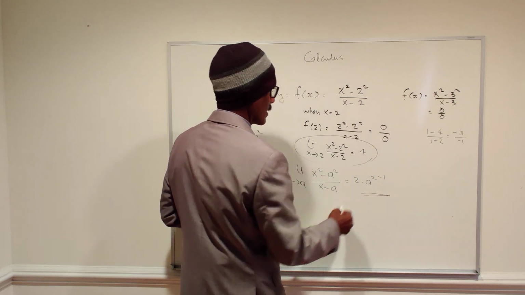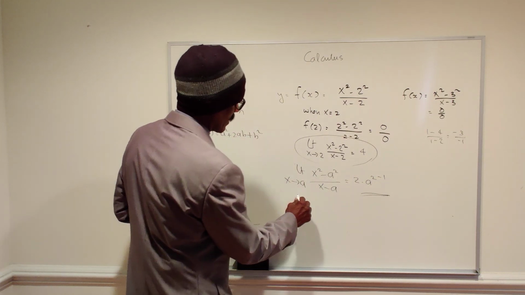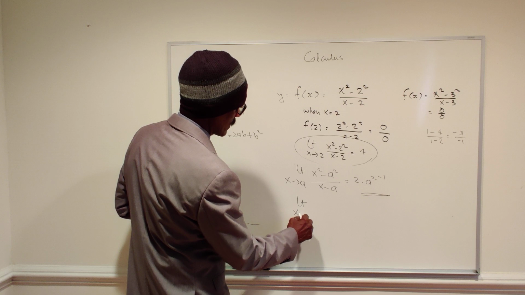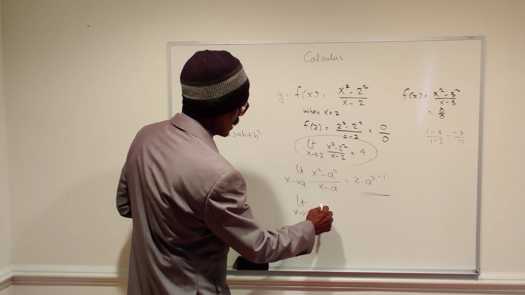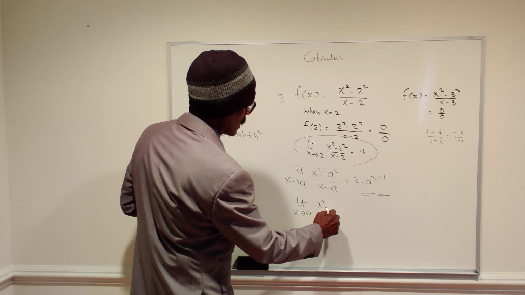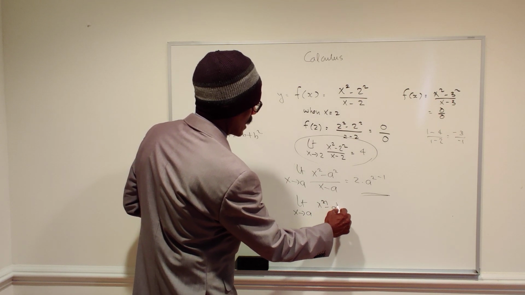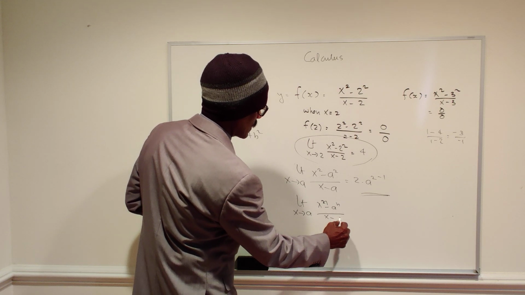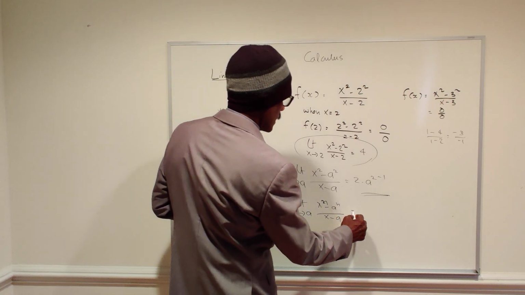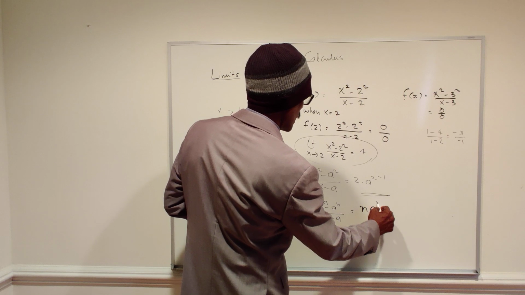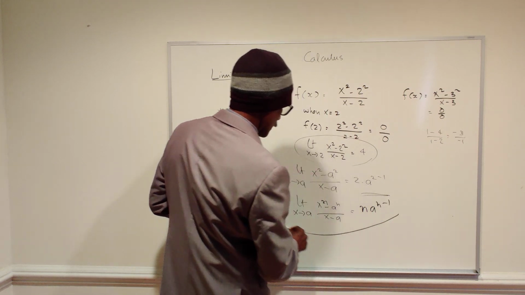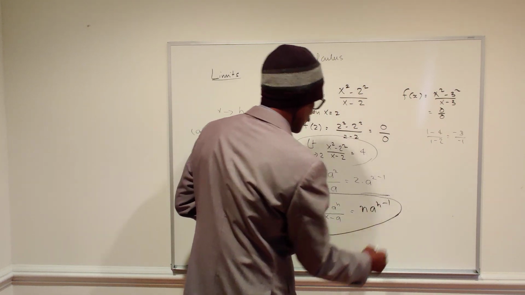That is the formula. And this is the general formula: limit x tends to a, x raised to n minus a raised to n divided by x minus a equals n a raised to n minus 1. This is the formula.